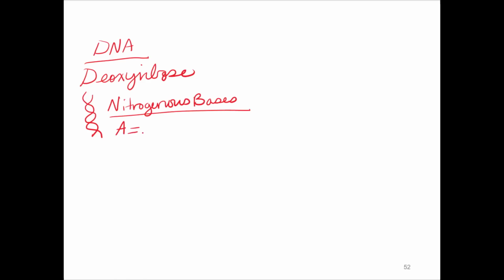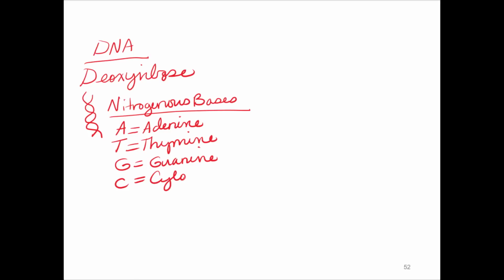So that would be A for adenine, T for thymine, G for guanine, and C for cytosine. Okay, and remember that A will bind with T and C will bind with G in DNA.